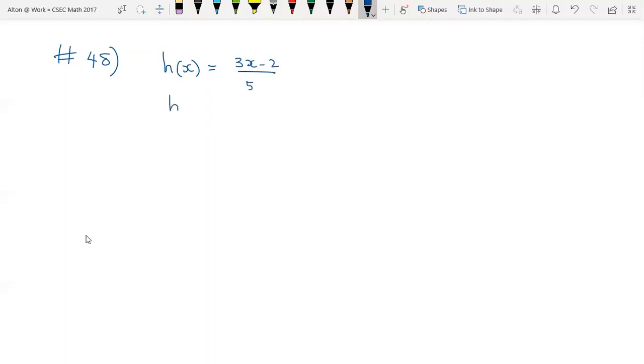Right, so h of minus 6, where you see x, you write minus 6, and then you simplify. So this is 6 by minus 6 by 3 is minus 18 minus 2 over 5. This is minus 20 over 5 is equal to minus 4. Right, that answer will be A.